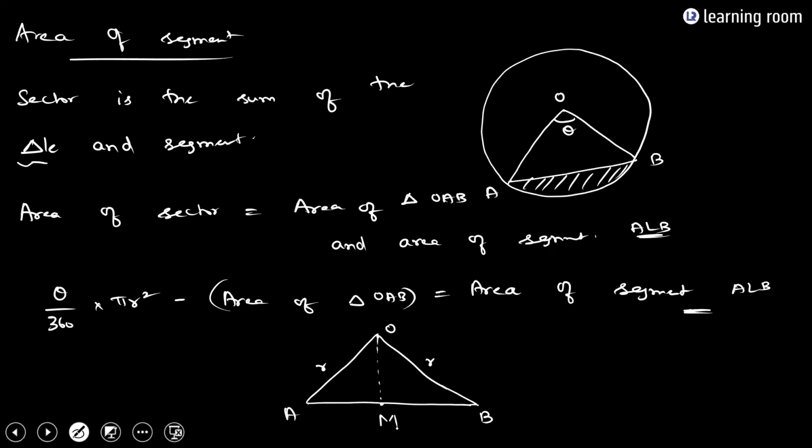So if this total angle is theta, how much will this angle be? Theta by 2. So if this is theta by 2, this is also going to be theta by 2, then how much is this?